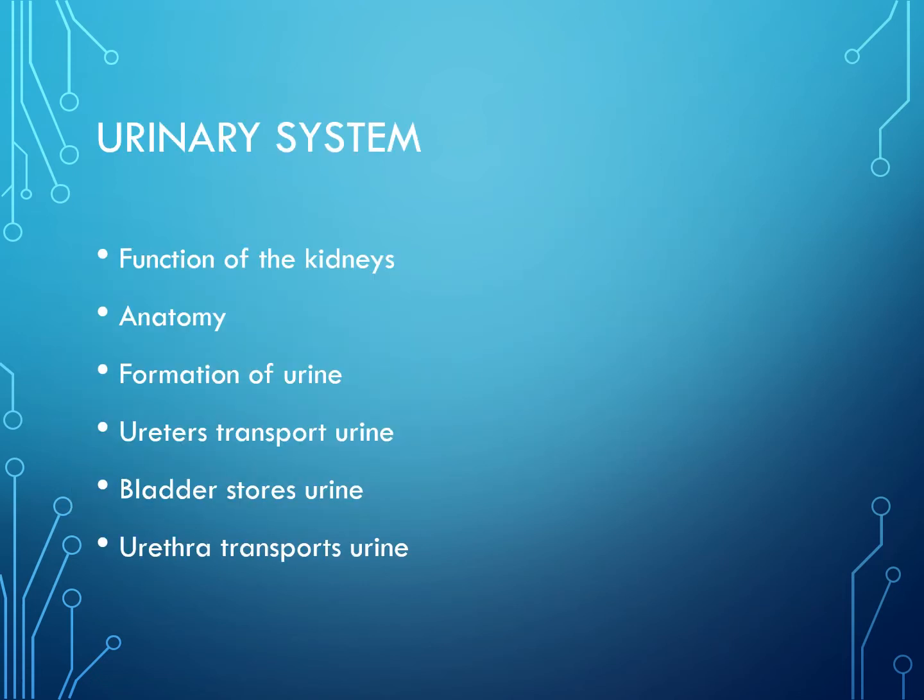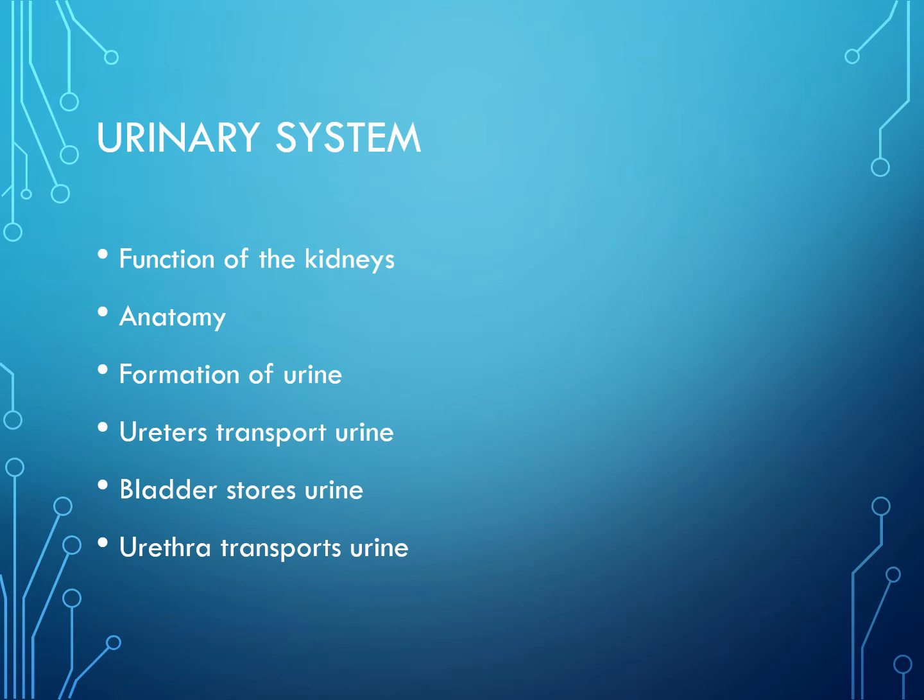The urinary system is extremely important in the balance of fluid and electrolytes. So the kidneys filter and regulate this, and they have the following functions. They filter metabolic waste, toxins, excess ions, and water from the blood and excrete them as urine. If kidney function is impaired, these substances reach toxic levels and damage body cells.